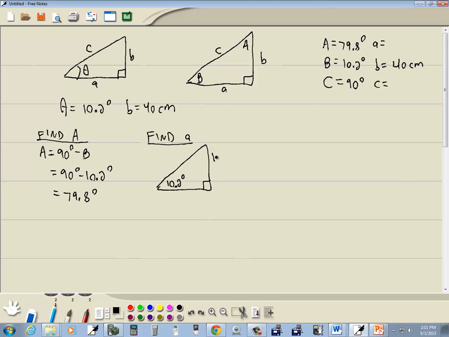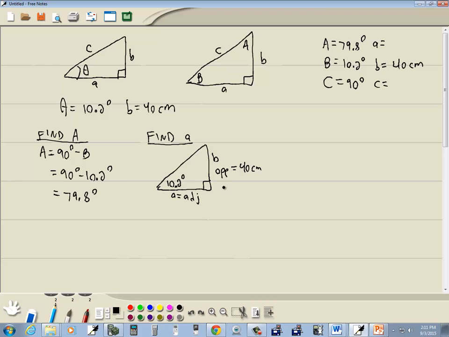Specifically in relation to this angle, it's the opposite side, so opposite is equal to 40 centimeters. And we want to find side A, which in terms of our angle is the adjacent side.